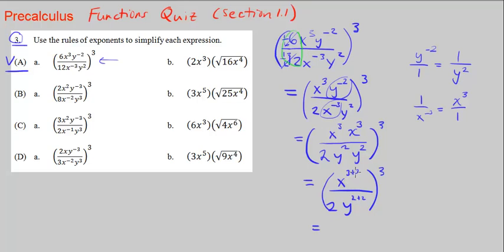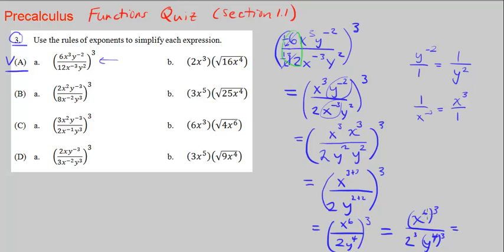So x to the 3 plus 3 power is x to the 6 power over 2y, 2 plus 2 is 4, all cubed. Now I can distribute that cubed to every term inside. That's x to the 6 cubed over 2 cubed times y to the 4th cubed. So I'm basically making everything inside cubed.